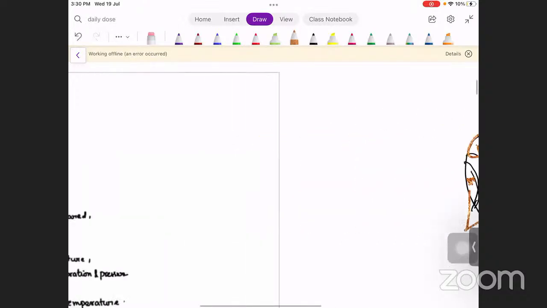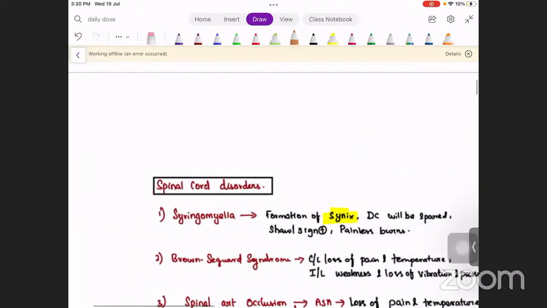Only the dorsal column will remain unaffected. So the dorsal column will be spared, and you may see a painless burn and a shawl sign. As I taught you in physiology, the dorsal column carries VAPP fibers: vibration, proprioception, and fine touch, or two-point discrimination.